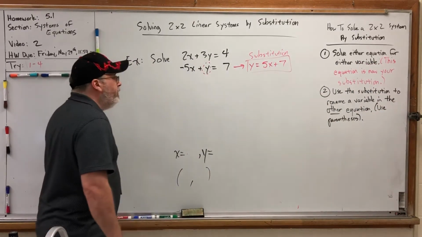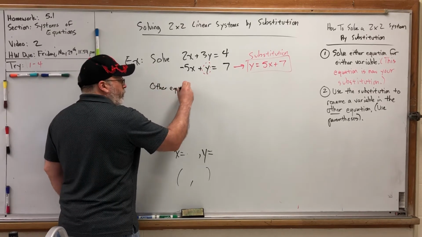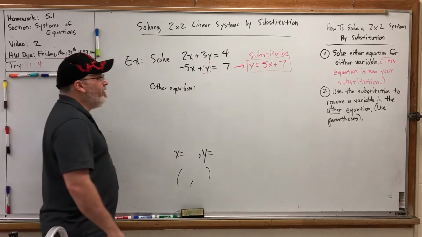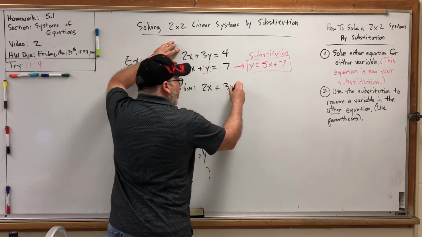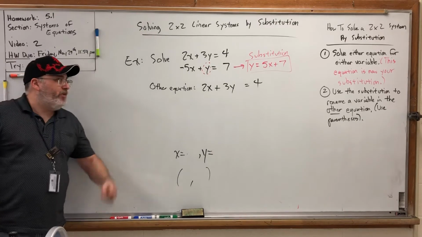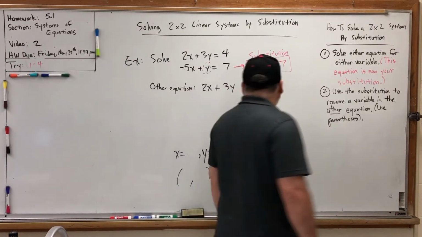So, now let's go to the other equation. Remember, we chose one of them to serve as a substitution. Now we need to go to the other equation, which is 2x plus 3y equals 4. But let me show you what I would recommend. As you're writing it, don't write the letter that you just solved for in the previous step. I just solved for y.